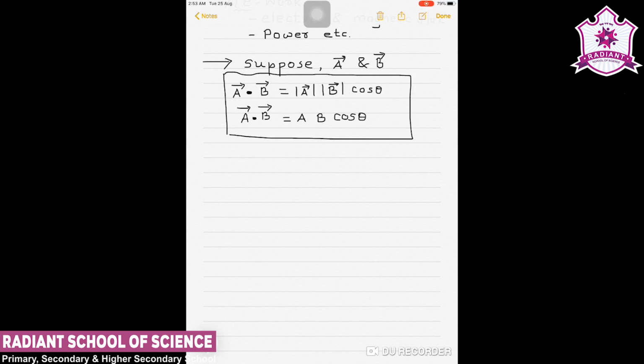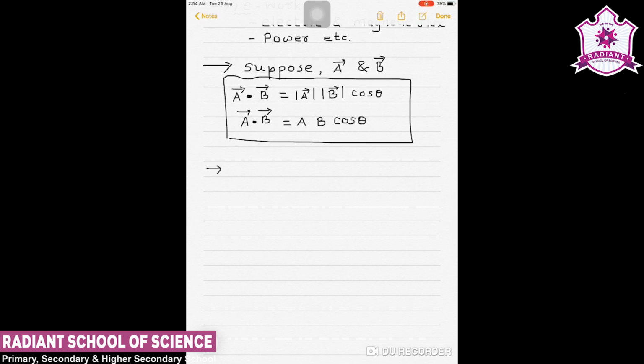So here the first part, how to write and what are the basic characteristics of this scalar product, that we will see. First of all, how to write it? We can say A dot B is equal to AB cos theta, or it can be written in two ways.